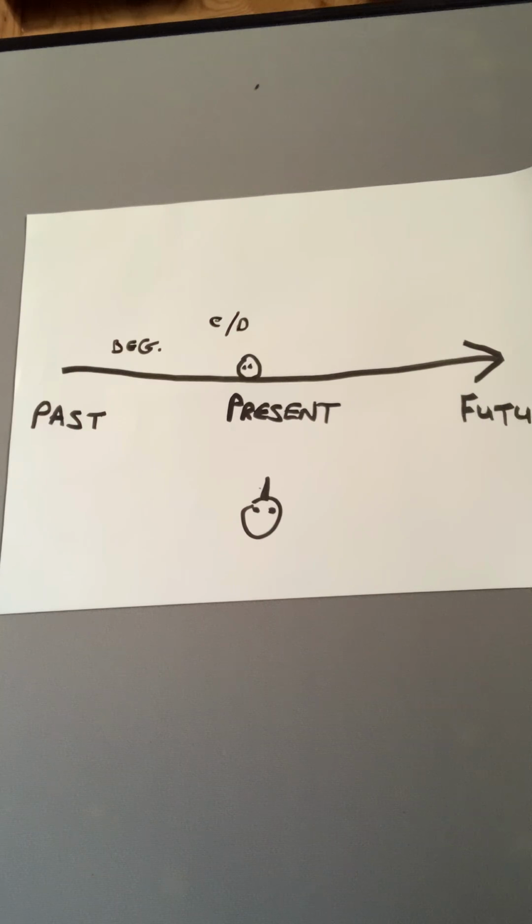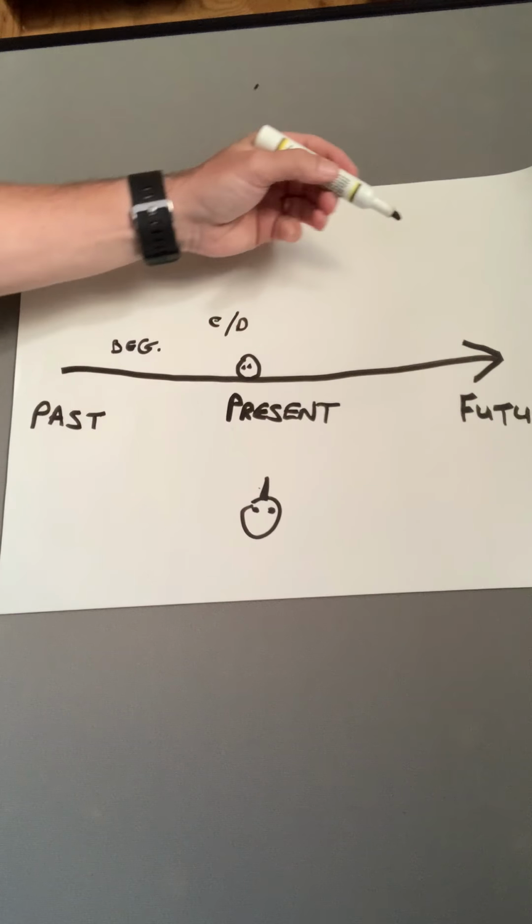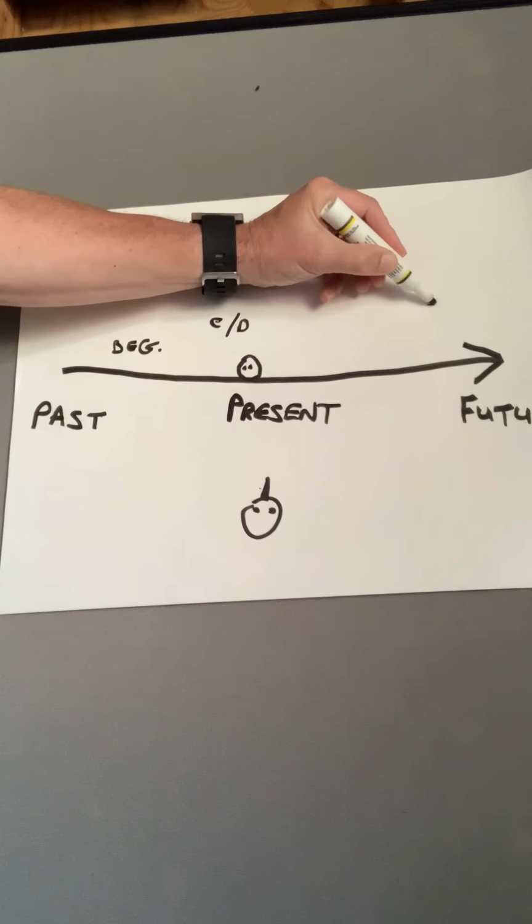One of the best I've ever seen was John White, and he was able, from the speed, trajectory, direction of the ball, to precisely see into the future where the ball was going to be. So, up here somewhere, John White.